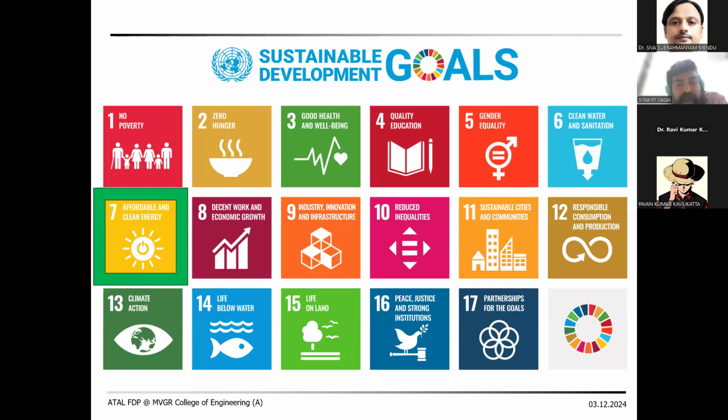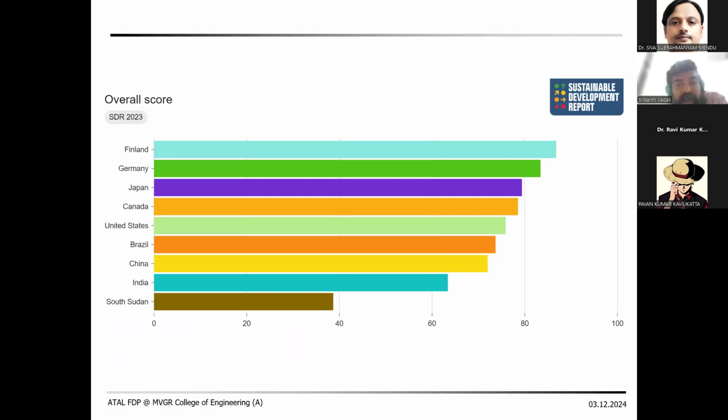In doing so, some countries perform well. For example, Finland, Germany, Japan, close to 80% or more, but throughout the world it is less than 50, but as a country we are doing slightly better than the average.